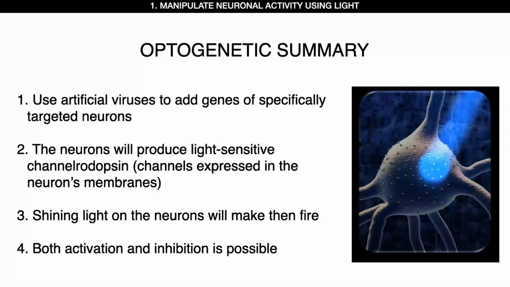I read that multiple opsins can be expressed in the same cell. I was wondering how we could take advantage of that to study behavior. Yeah, this is true. We can have multiple opsins, which can be, for example, excitatory and inhibitory at the same time within the same cells. By using different lights, you can see how the same cell is responding to activation versus inhibition.